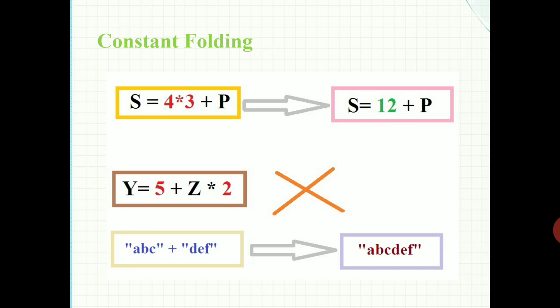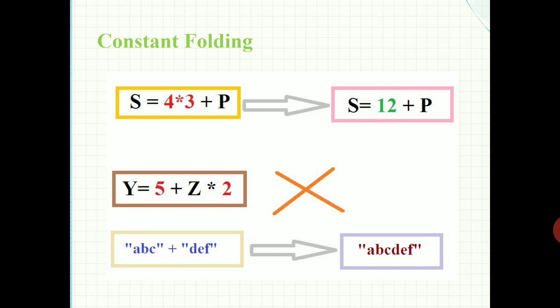After evaluating the expression at compile time, the code becomes s equals 12 plus p. This is called constant folding. We are performing the constant expression evaluation at compile time rather than at runtime.